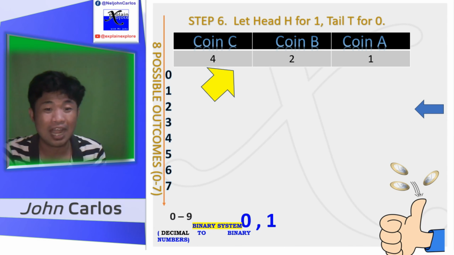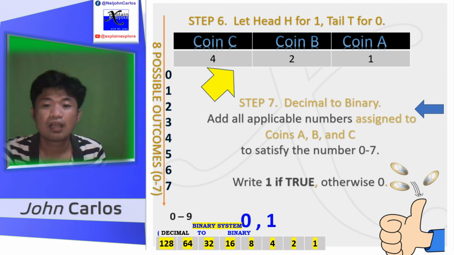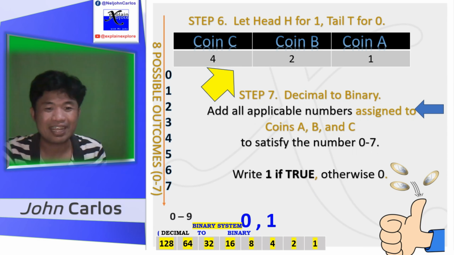We now adapt the binary numbers, decimal to binary, adding all applicable numbers. Assign coins A, B, and C to satisfy the numbers 0 to 7. Write 1 if true, otherwise 0 if not.